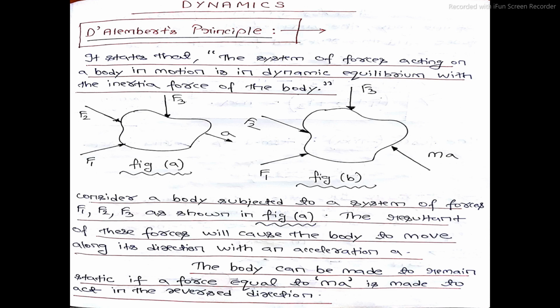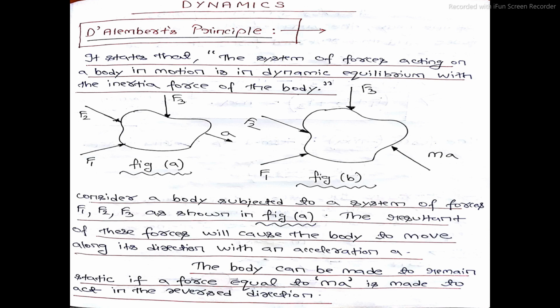Again, I repeat, dynamics is further classified into two types, and those two types are kinematics and kinetics. What is kinematics? It is the study of geometry of motion without reference to the cause of motion.